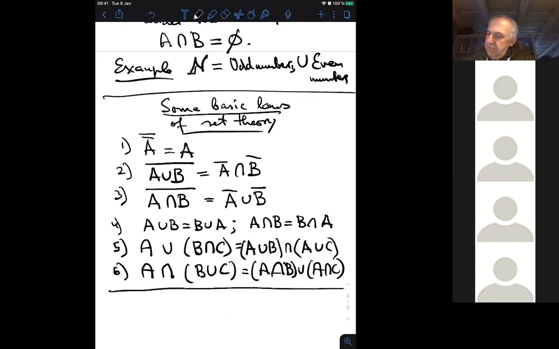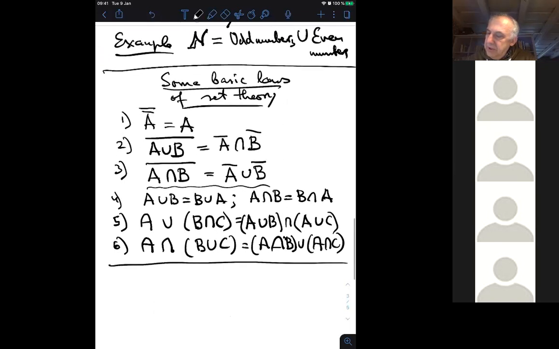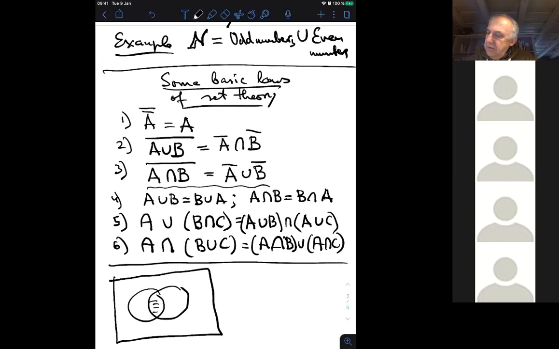Let me just prove this thing, just as a small exercise. So we're saying that if we have two sets, A and B, taking the intersection, and this is our universal set U, we're interested in the complement to this intersection. I'll put small dots.